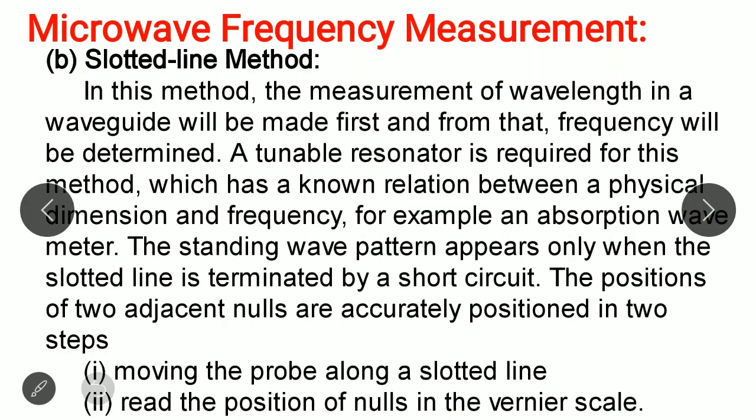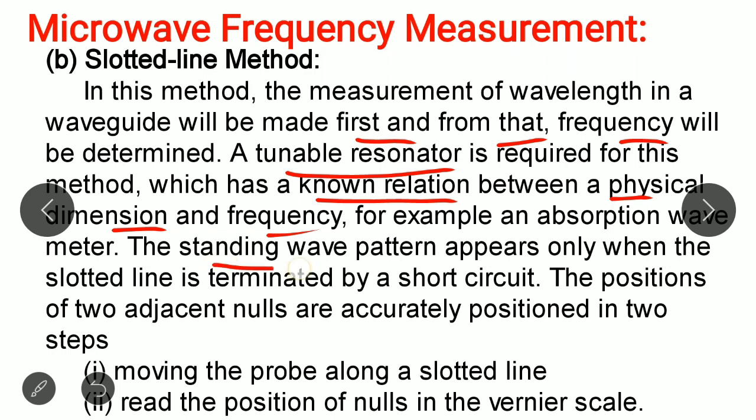Now the next method of frequency measurement is the slotted line method. In this method, the wavelength or frequency in a waveguide is measured first, and from that the frequency is determined. A tunable resonator is required for this method, which has a known relation between a physical dimension and the frequency, for example the absorption wave meter.